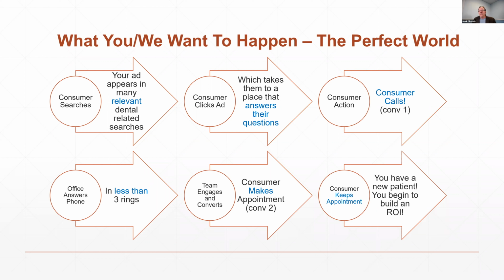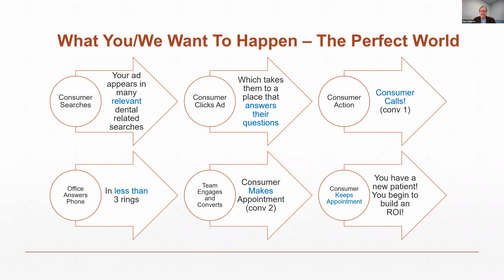This is conversion number 1, and they call the practice. Right, Howie? Yep. It's the first thing. And amazingly, when they call the office, the staff answers the phone in less than 3 rings. And in this perfect scenario, the staff is very prepared. They understand they're doing a Google ad campaign.